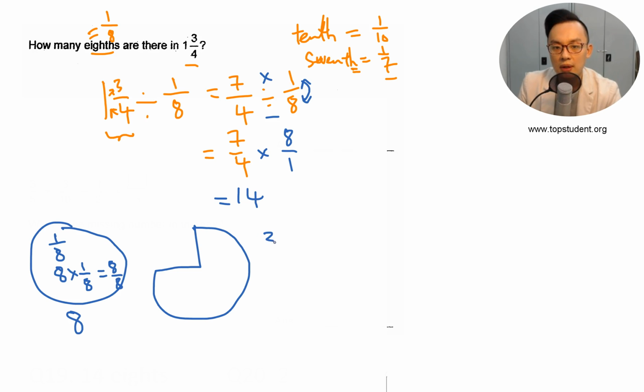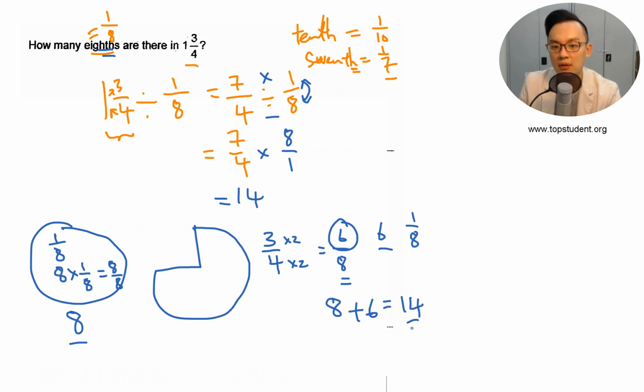Now this part is 3/4, and you need to make it the same denominator as the eighths, so you times 2, times 2, equals 6 over 8. So in 3/4 there are 6 of 1/8. You take 8 plus 6 equals 14. So it's 14 eighths.